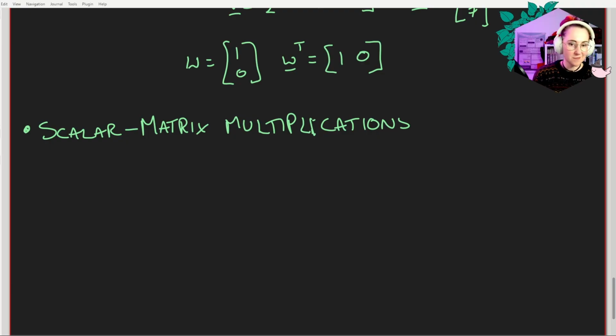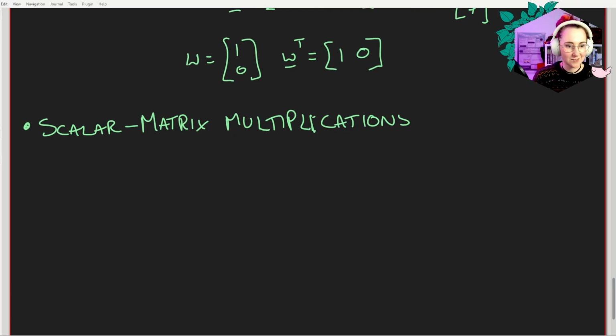Okay, so scalar matrix multiplication is essentially like scalar vector multiplication, where you distribute that scalar over all the entries of the vector. We do the same thing.